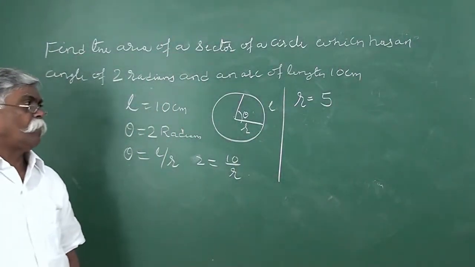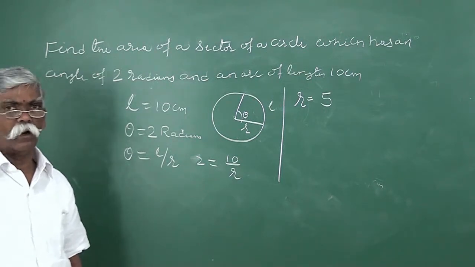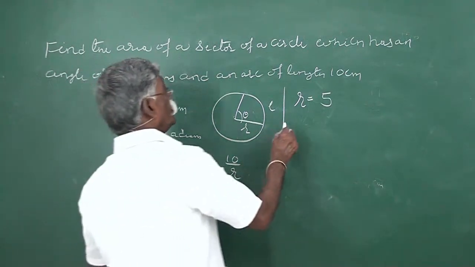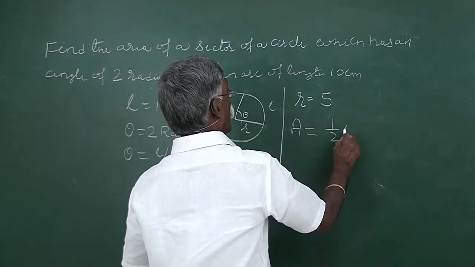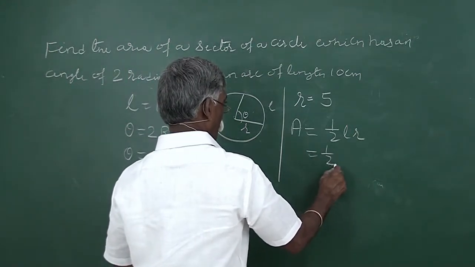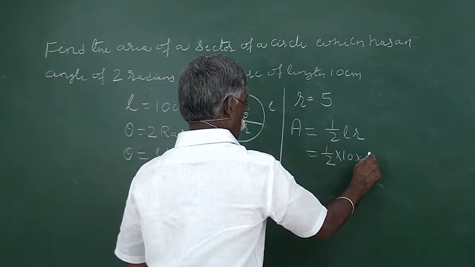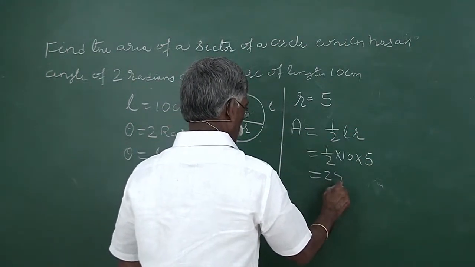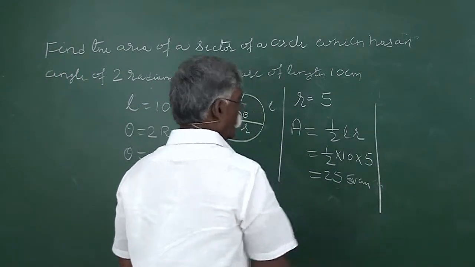When we got the value of R, either we can go for the formula half LR or half R square theta. So A is equal to half LR, and this is half, the arc length is 10 and the radius is 5, therefore this is 25 square centimeters.